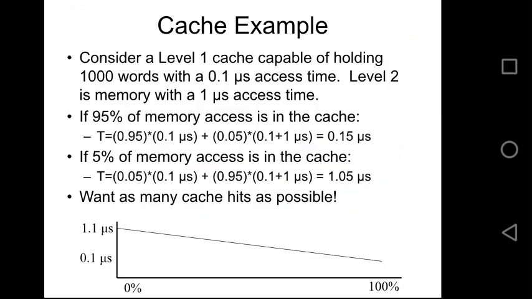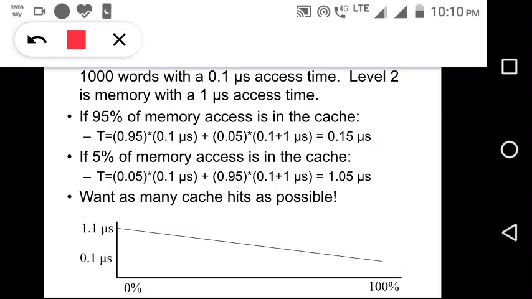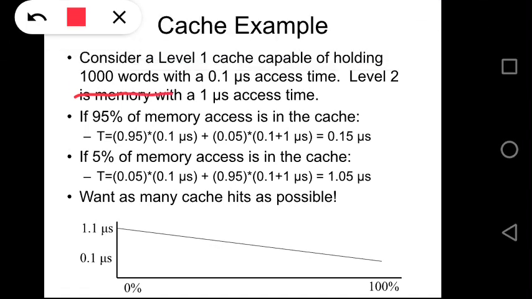We'll see some examples of the cache. Consider a level 1 cache capable of holding 1000 words, with 0.1 microseconds of access time. Level 2 is a memory with 1 microsecond of access time.